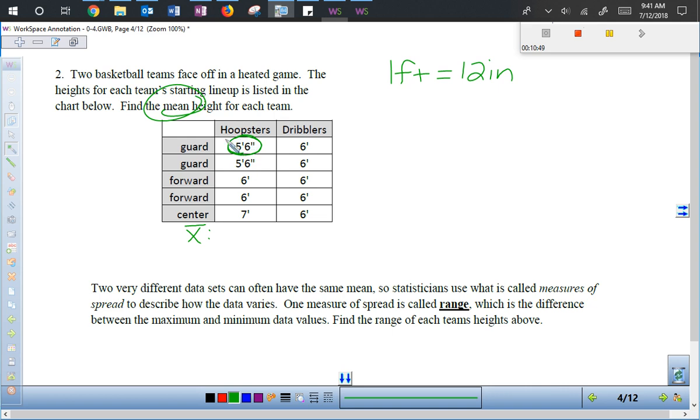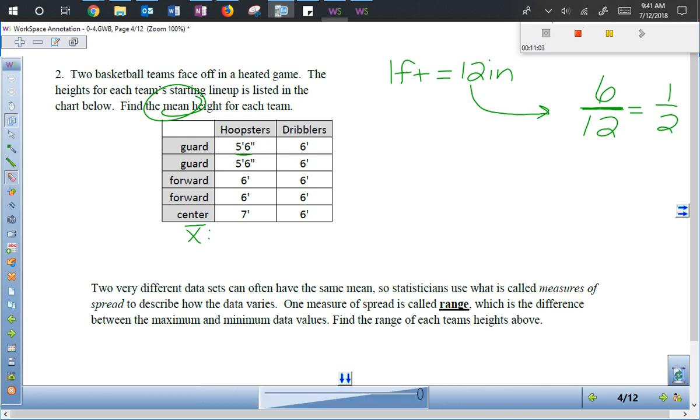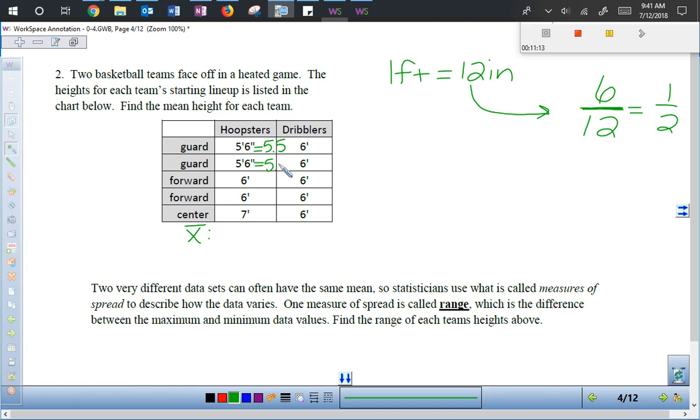So if this player is 5 foot 6 inches, if I take 6 and divide it by the total number of inches in a foot, that's going to give me a half a foot. So 5 foot 6 inches is actually 5.5 feet. So these two values are really 5.5.